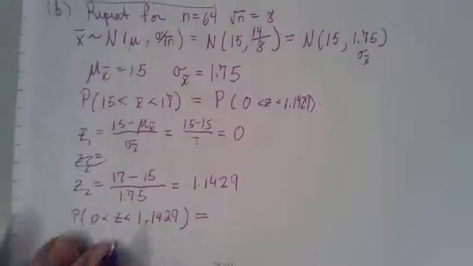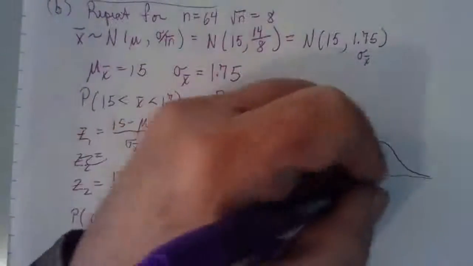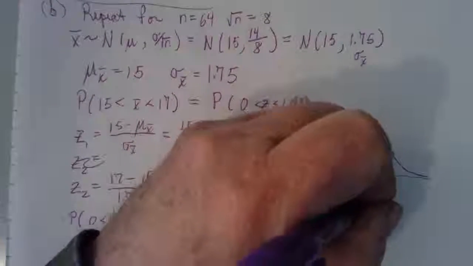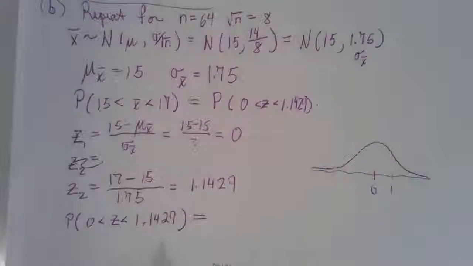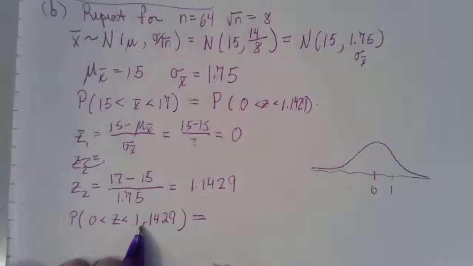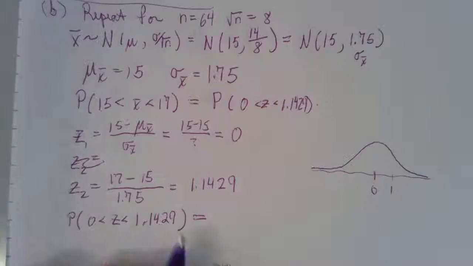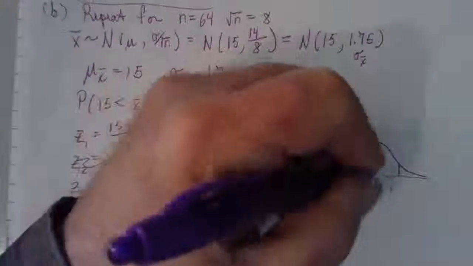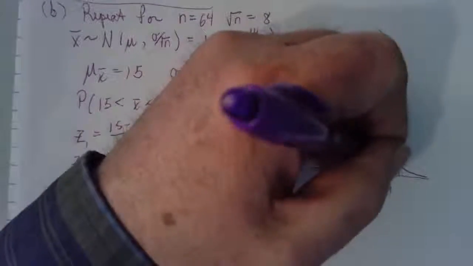I'd have this kind of a picture. Normal distribution, mean for z is 0, standard deviation is 1. I want to go to 1.1429, that'd be up in here somewhere, and down to 0, I'm looking for this area.